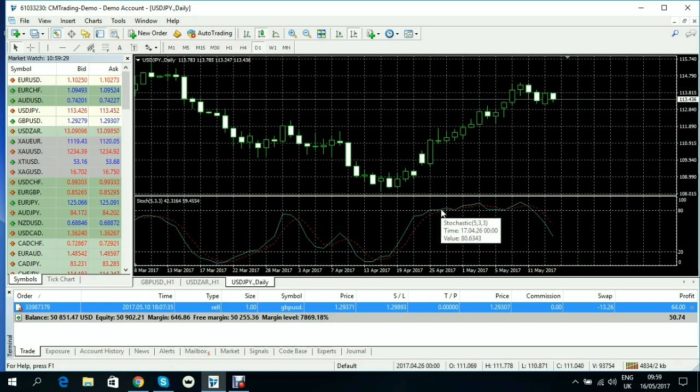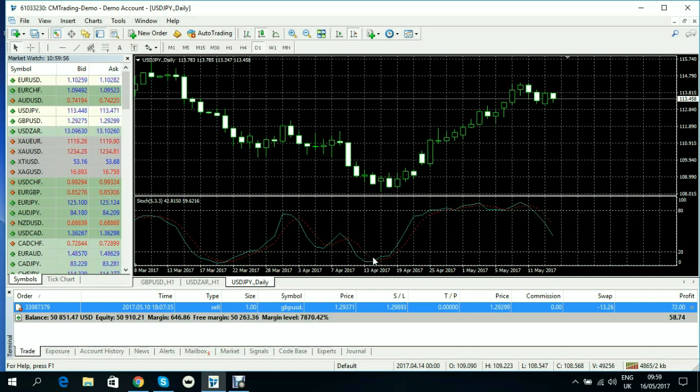For example, if you look at this, you'll find out that it was approaching 100. Sometimes it can stay here for long before making a reversal. So it's important that you be careful to check with other indicators before entering a trade.